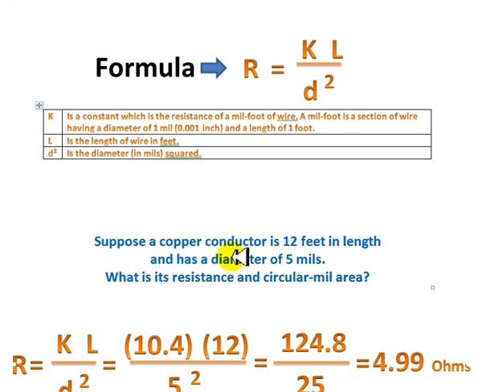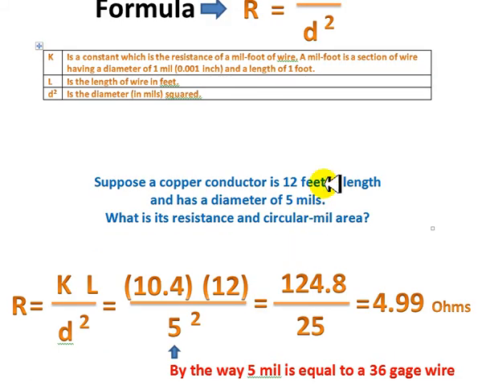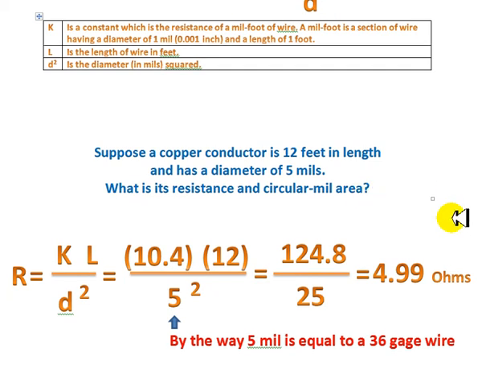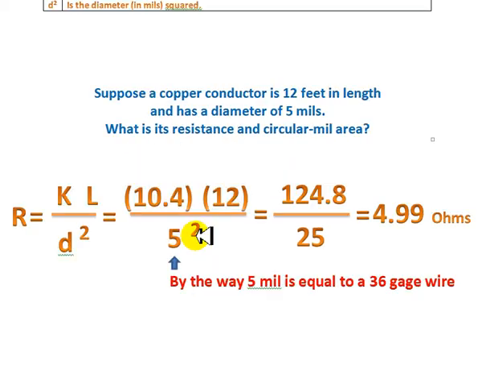Suppose a copper conductor is 12 feet in length and has a diameter of 5 mils. What is its resistance and circular mil area? Okay, here goes the formula. R, resistance, equals K times L divided by D square. That equals 10.4. Remember that first table I showed you up there?